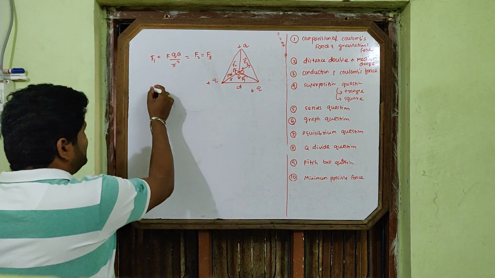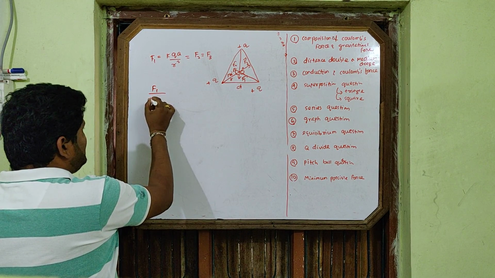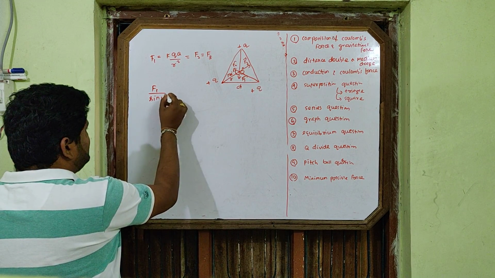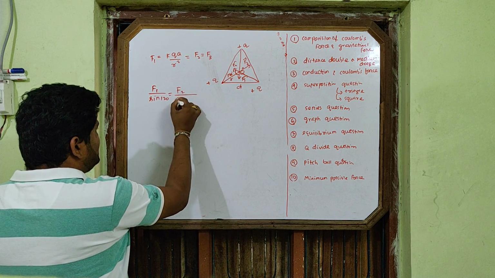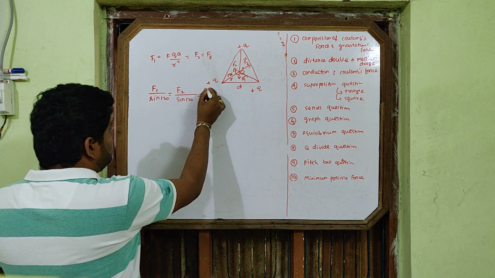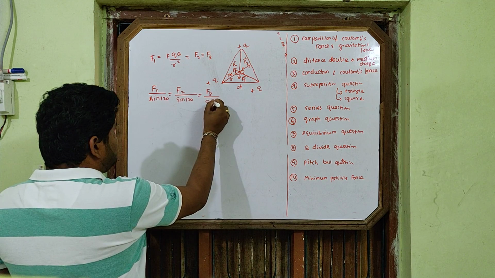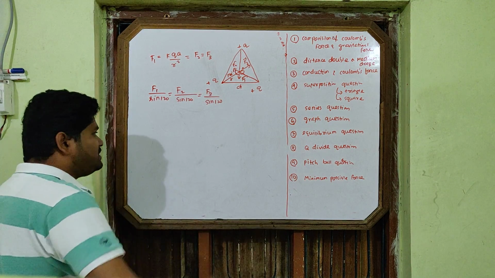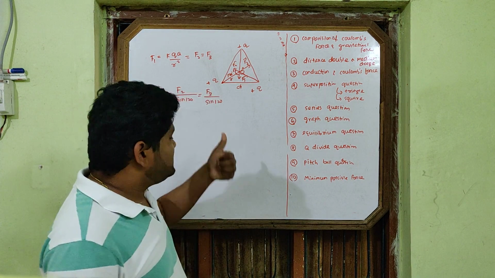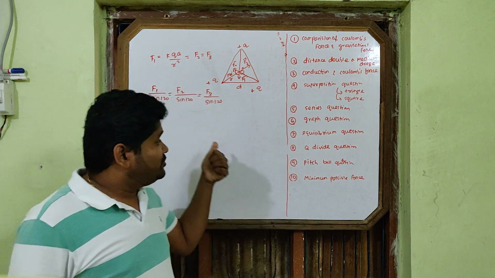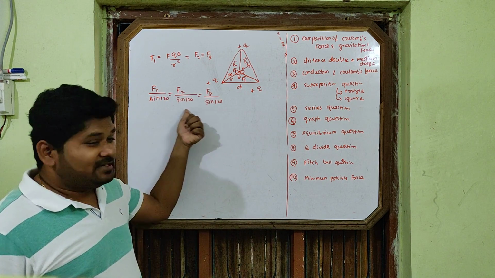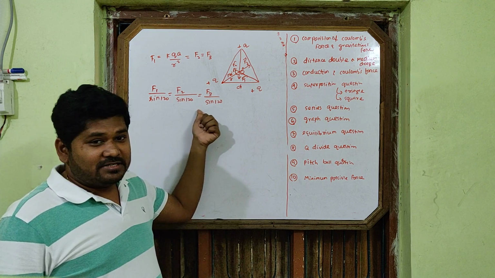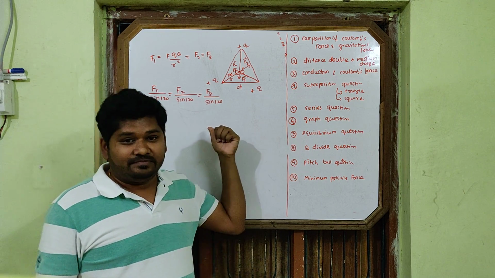Means I can write here F1 by sine 120, F2 by sine 120, F3 by sine 120. All three are the same here, as F1, F2, F3 are the same. Can you now recognize this formula? From the 11th class vector chapter, this is Lami's theorem.